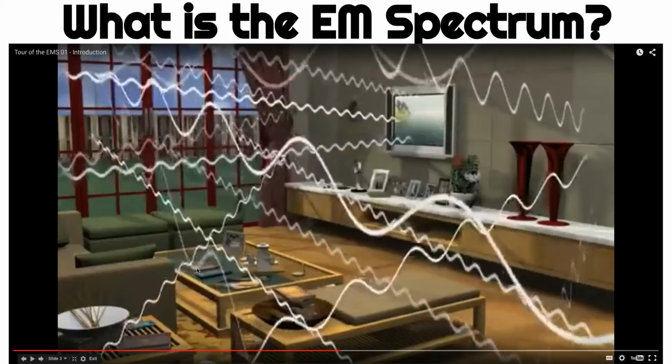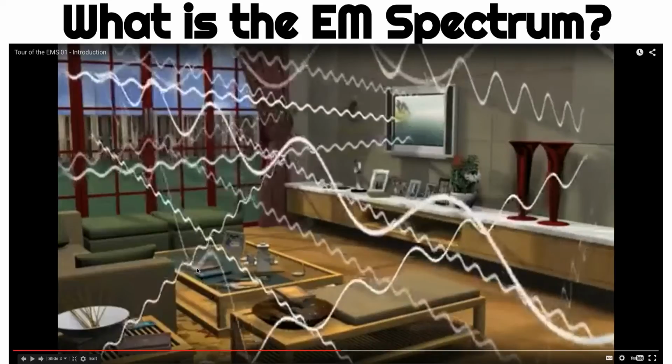But when waves strike an object like you, 3 different things can happen. The waves can be reflected by you. The waves can be absorbed by you, or the waves can go right through you. Most of these waves are going right through you. The radio waves and the microwaves and the cell phone waves and all that stuff is going right through you.